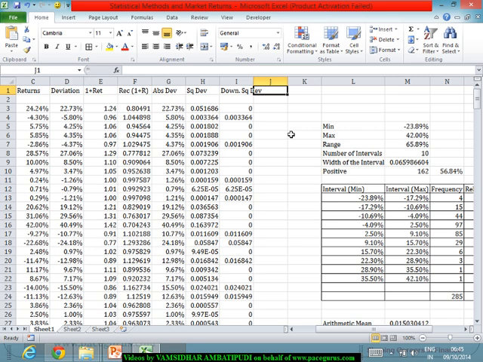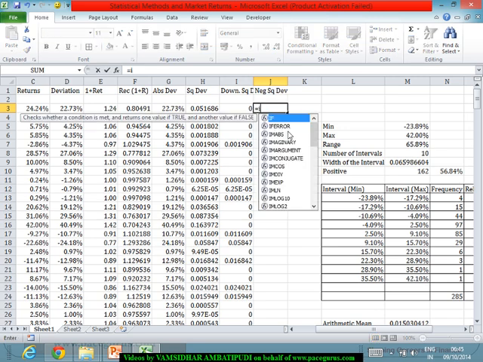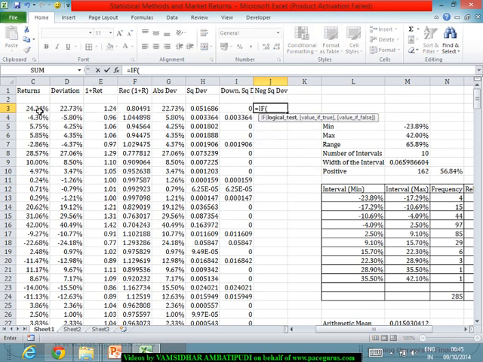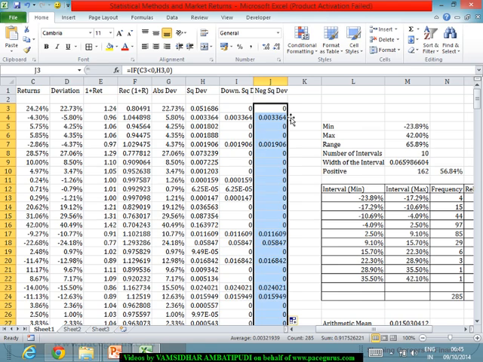So again I will take the squared deviations only for the negative ones. If my return is less than 0, that is where I will take the squared deviation, otherwise I will not. So my target, here I have set as 0.